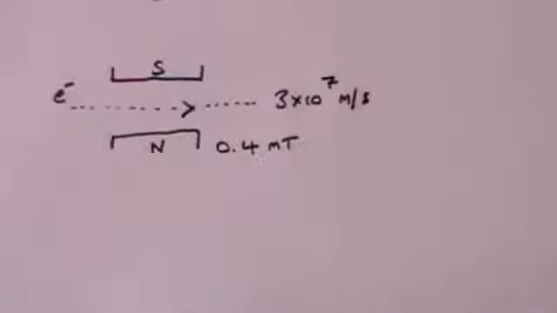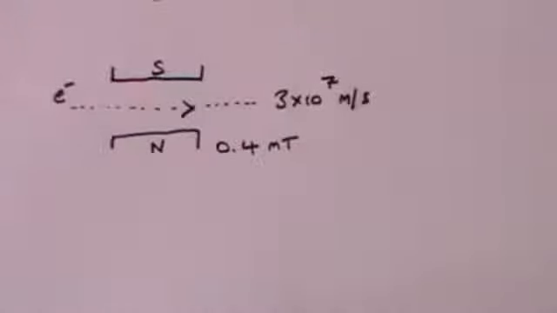Question 3. We've got a beam of electrons going from left to right at 3 times 10 to the 7 meters per second, passing through a magnetic field of 0.4 millitesla. And the question now is, what is the radius of the path? Well, I don't need to do any contortions because I've got exactly the same setup as the previous question, so I know that the electrons are going to bend into the paper.